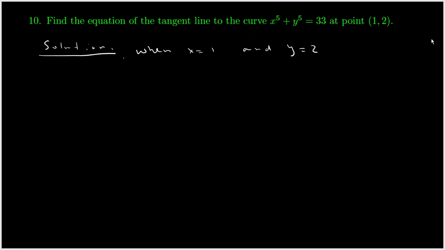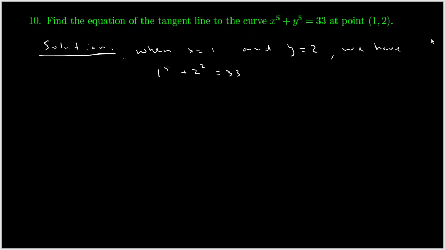Okay. We have the left hand side is 1 to the power 5 plus 2 to the power 5. Again, you replace x with 1. You replace y with 2. Okay, 2 to the power 5, now we compute the left hand side, is indeed 33.